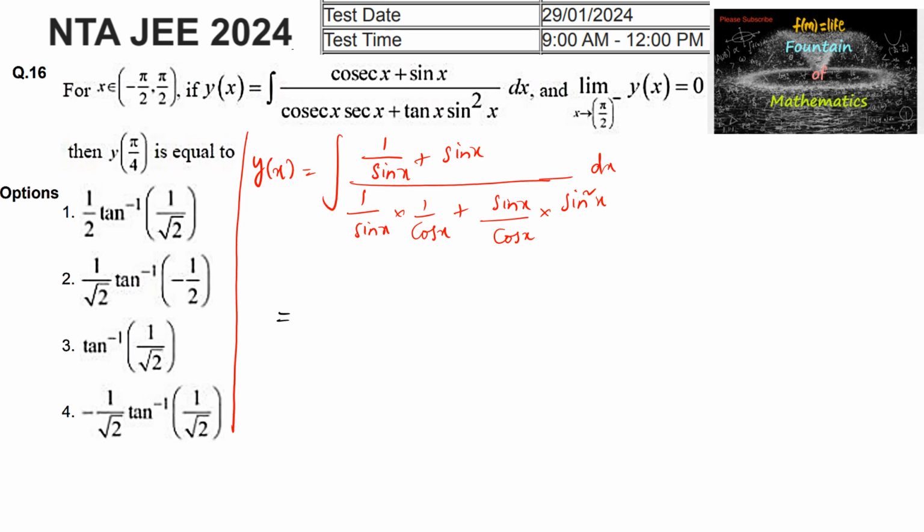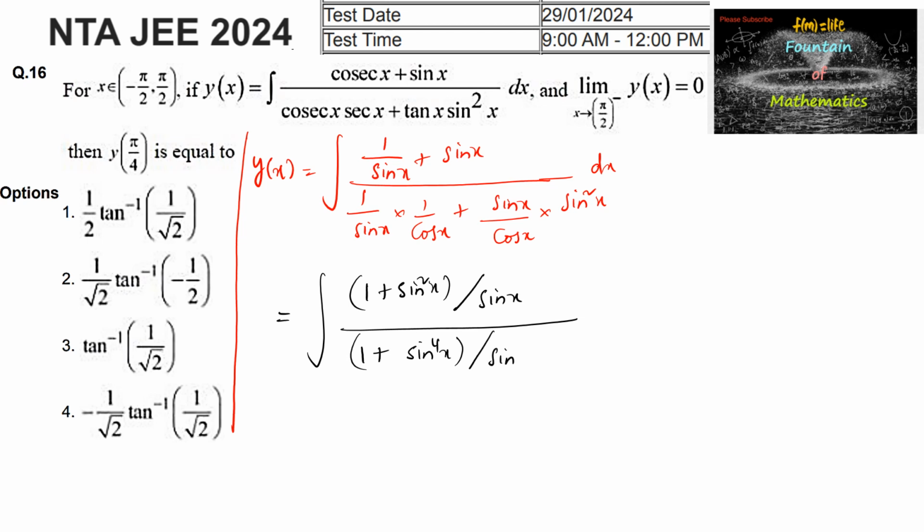Which is equal to the integral of (1 plus sin square x upon sin x) divided by (1 plus sin power 4x upon sin x into cos x).